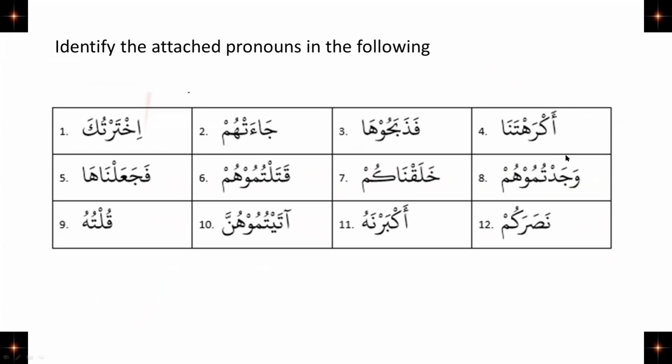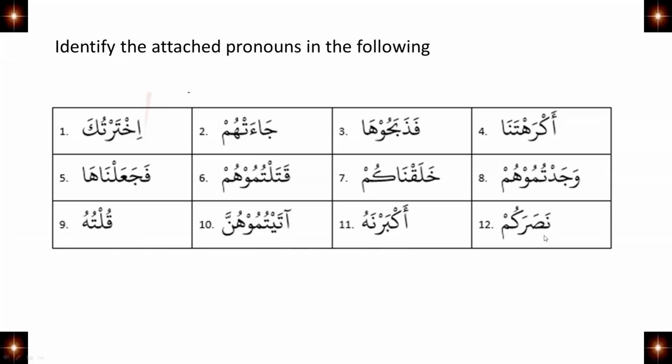Okay, let's do a quick exercise for 2 minutes or 5 minutes, right? Number 11. Sorry, let's start from here. ikhtartuka, ja'athum fadhabahuha, akrahtana faja'alnaha, qatltumuhum, khalaqnakum, wajadtumuhum, qultuhu, atyatumuhunna, akbarnahu, nasarakum. These are all fi'ls.